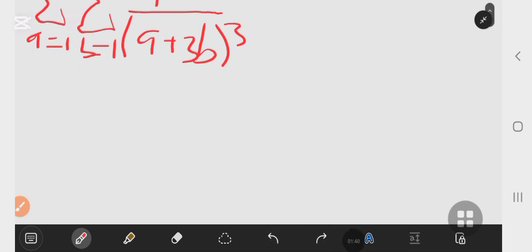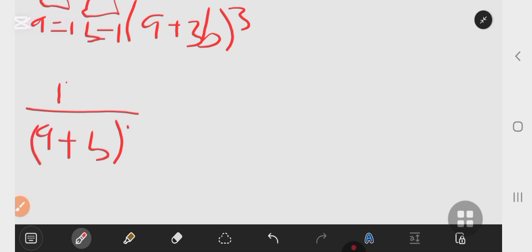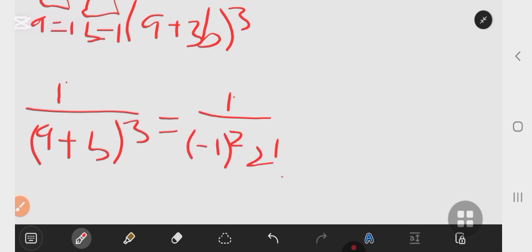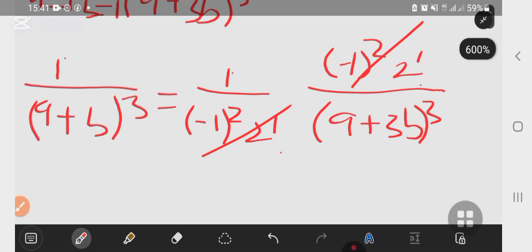Now, note that 1 over (A plus B) to the power of 3 is still the same thing when I write (minus 1) squared times 2 factorial multiplying (minus 1) squared times 2 factorial, dividing (A plus 3B) to the power of 3. Okay, now I didn't really change much. If these two cancel out, I'll get the original.